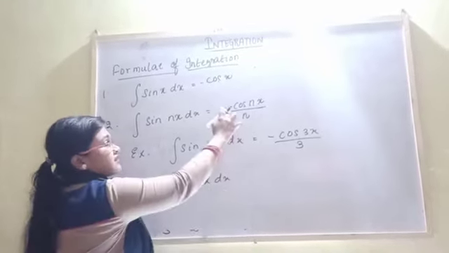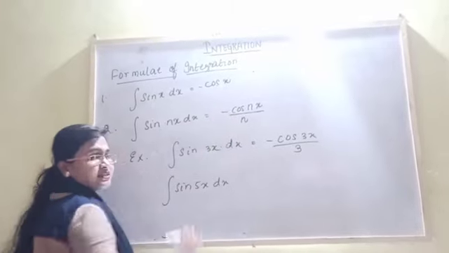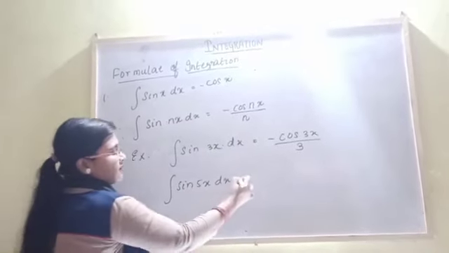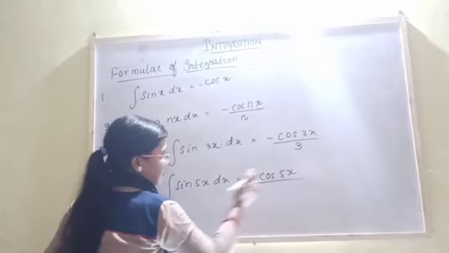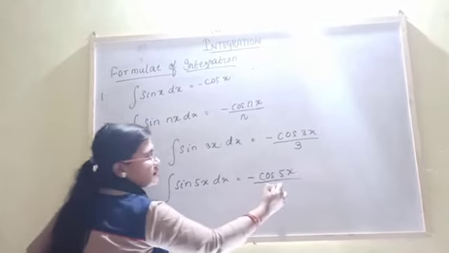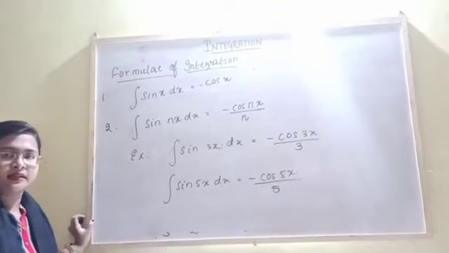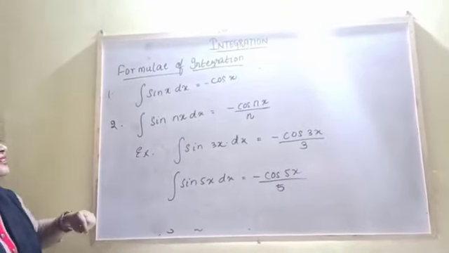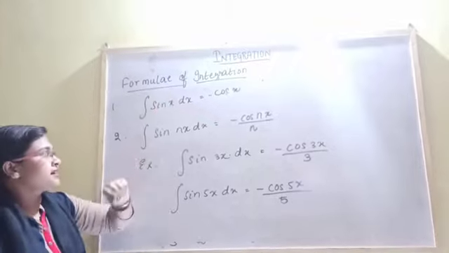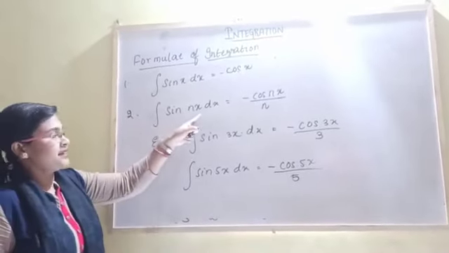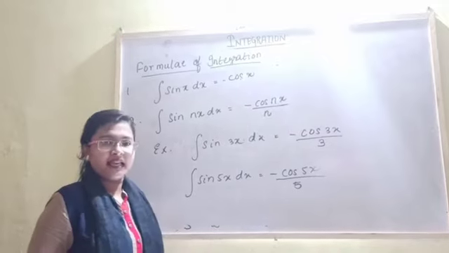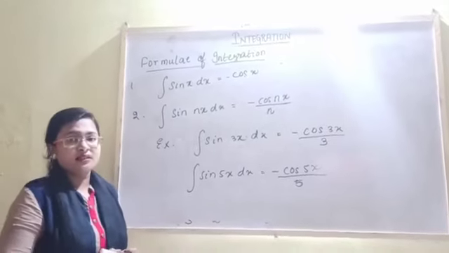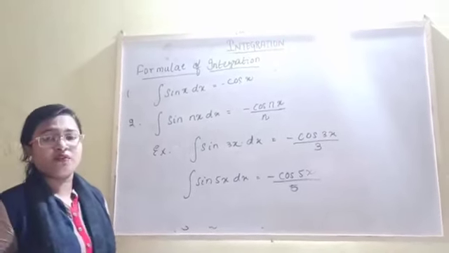Integration of sin 5x is minus cos 5x by 5, because the differentiation of 5x is 5. Clear? This is the integration of sin x dx and sin nx dx, which equals minus cos nx by n. Now we will see the trigonometric function of cos.